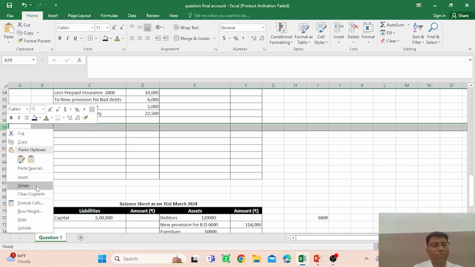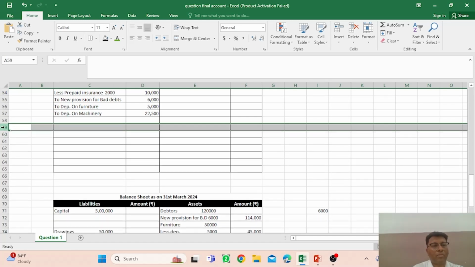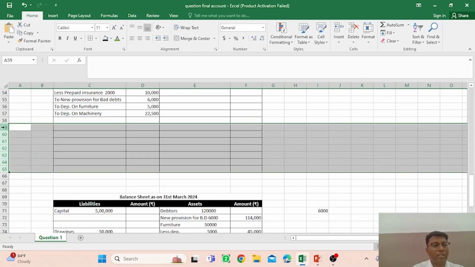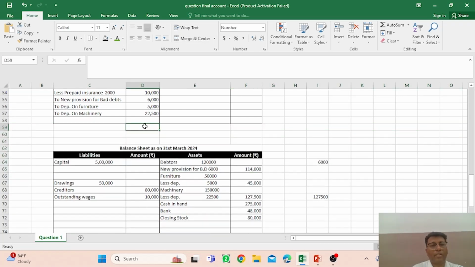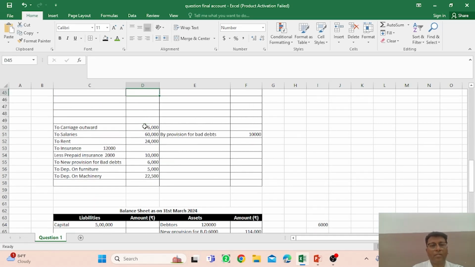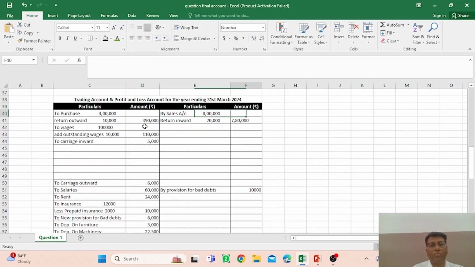Just a minute, we are removing these extra lines. So you have to take the total of the trading account. It is 780, and this same amount would be written over here, 780, and the total of this debit side is 5 lakh 50.